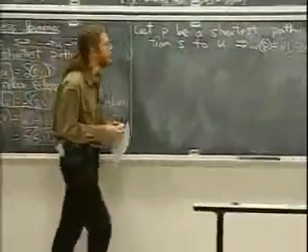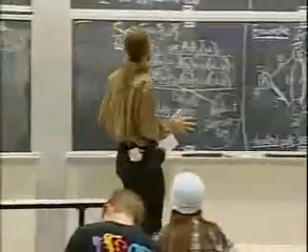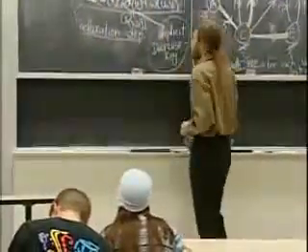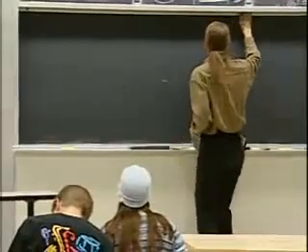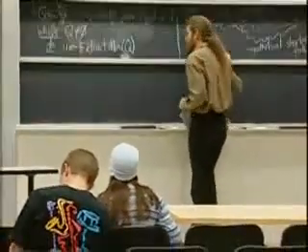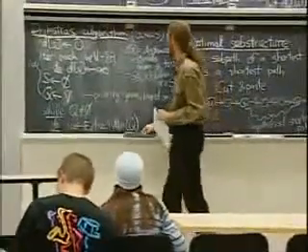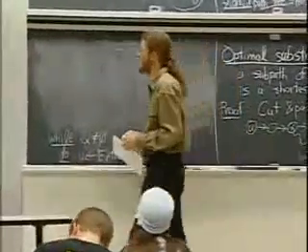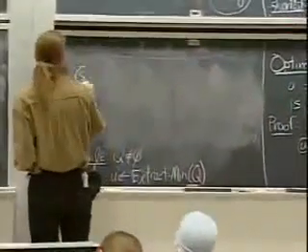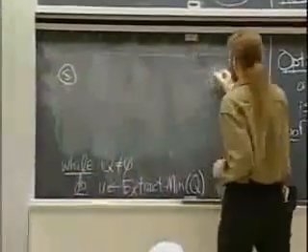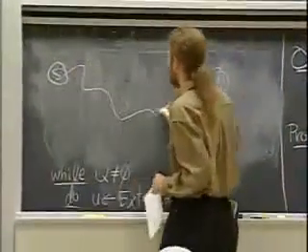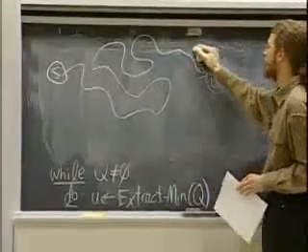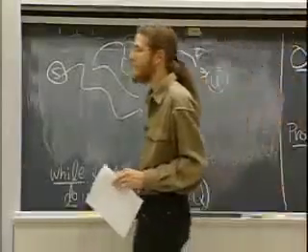So, let me draw a picture. We have s, we have u. Here is the shortest path from s to u. That's p. No idea what it looks like so far.